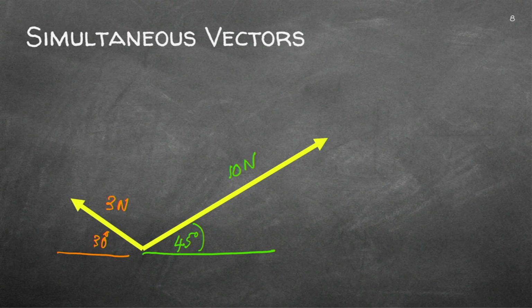Remember what we did just now. We actually found that we've got to draw the different lines. So I can actually complete the parallelogram with that line, which is obviously the same as the 10, and that one representing the 3. The resultant will thus be the line from the starting point to the end point.